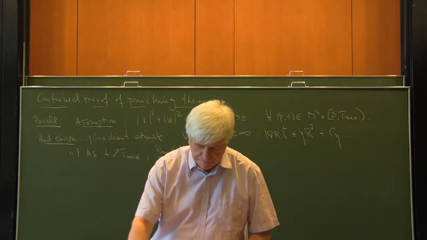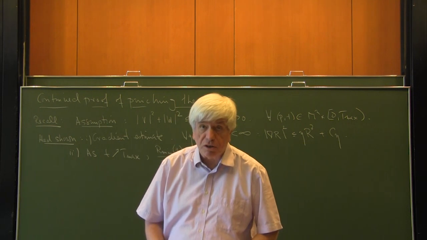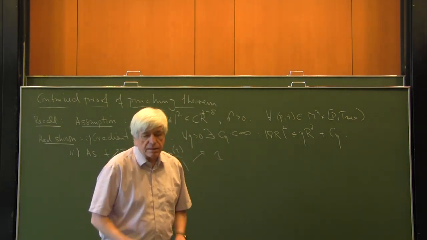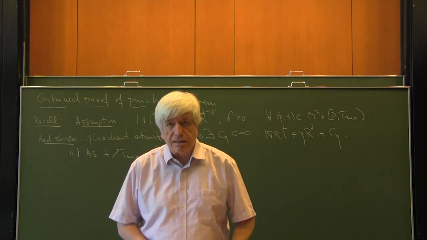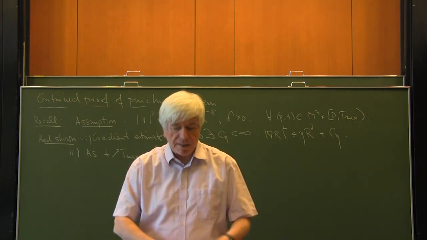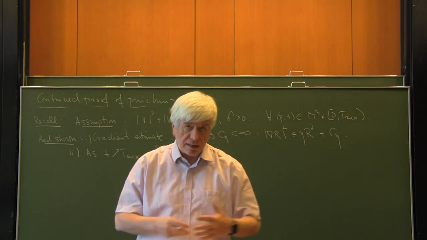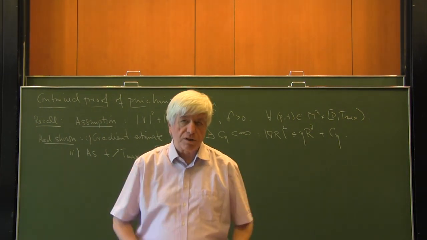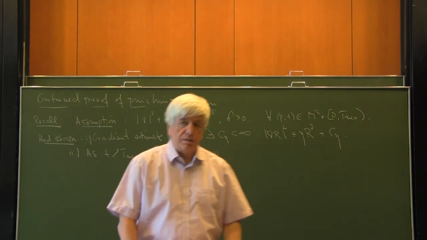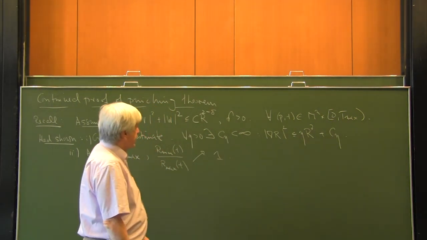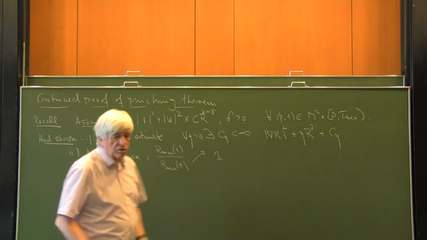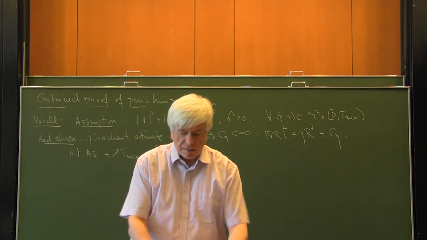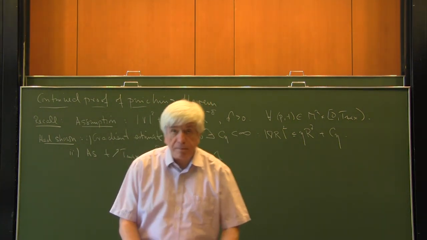Now we want to show that as t approaches t max, we can rescale the solution in such a way that after the rescaling, the solution converges to a metric which is smooth and has V and W identically 0, so it's a constant curvature metric.